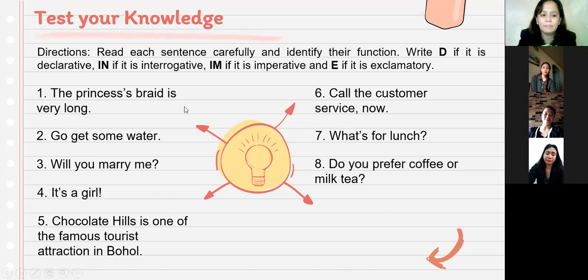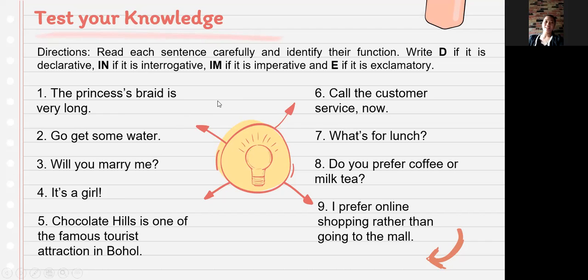Very good. Do you prefer coffee or milk tea? Canto. Still IN, interrogative. Thank you.